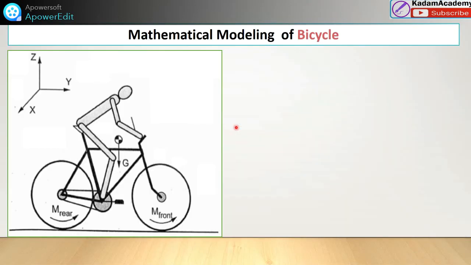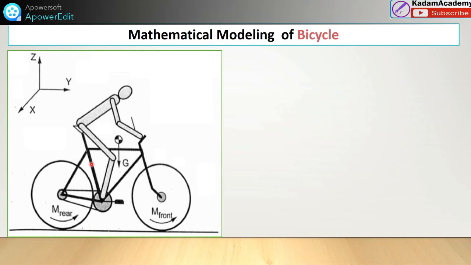So we have to consider two rigid parts: one is the bicycle with some center of gravity, and the rider with his weight. We can consider the rider as one rigid body and the bicycle as another.